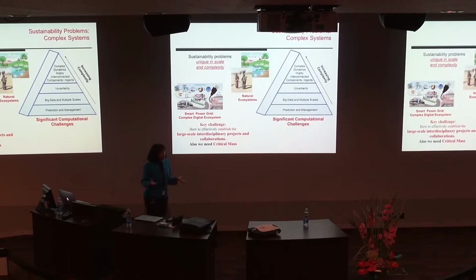Even though my area is more focused on some projects, I really think that for us to get critical mass, we need to bring together different areas, and indeed sustainability involves all kinds of problems, ranging from conservation to smart grids to smart cities, etc.